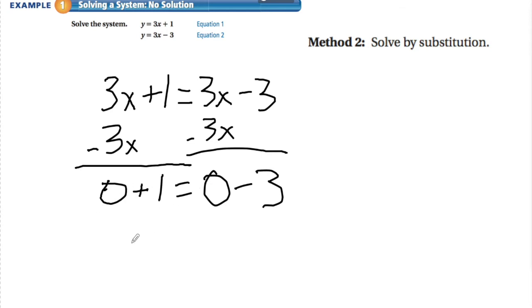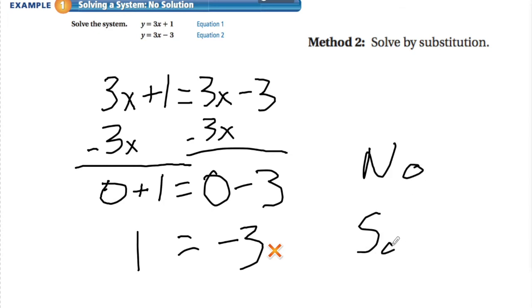So 0 plus 1 is 1, and 0 minus 3 is negative 3. Now when looking at this, we know that 1 is not equal to negative 3. So since it's not equal to negative 3, we know that that is not a true statement. Therefore, there is no solution.